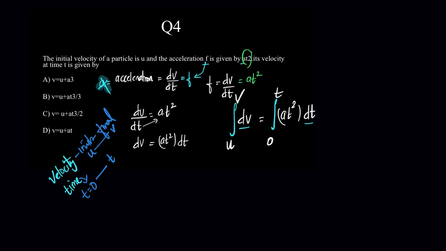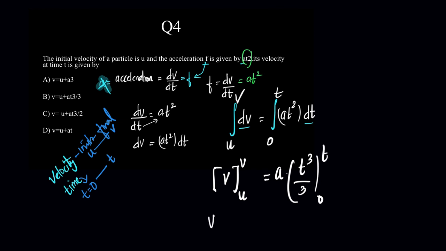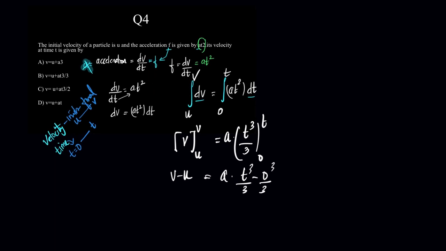What is the integral of dv? Integral of dv is v, and the v will vary from u to v. What is the integral of at square? a is a constant. Integral of t square is t cube upon 3, varying from 0 to t, which means upper limit minus lower limit: v minus u is equal to a into t cube by 3 minus 0 cube by 3, which further will be v minus u is equal to a into t cube by 3.